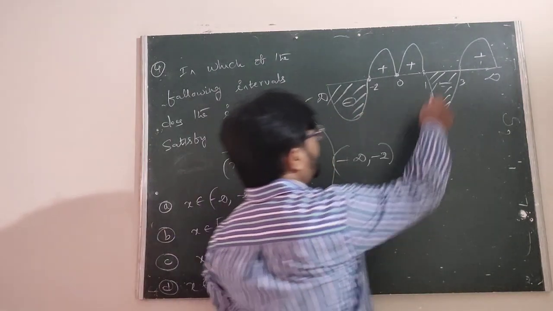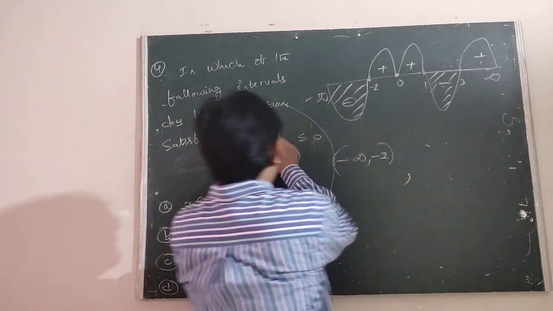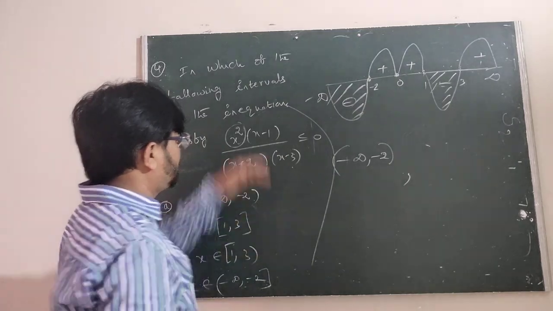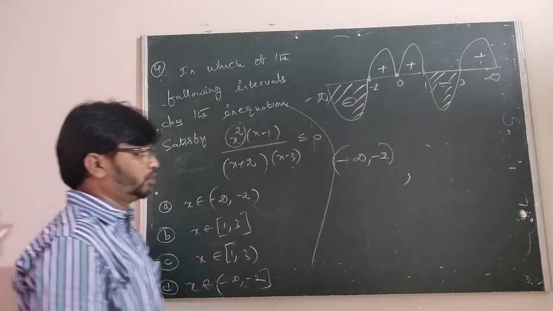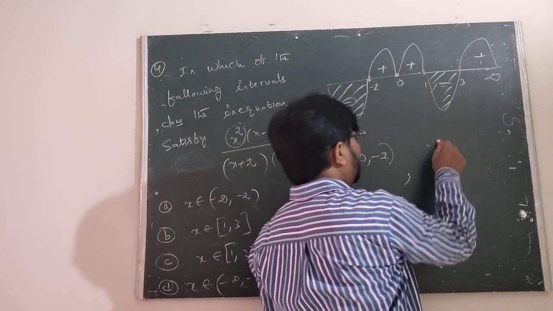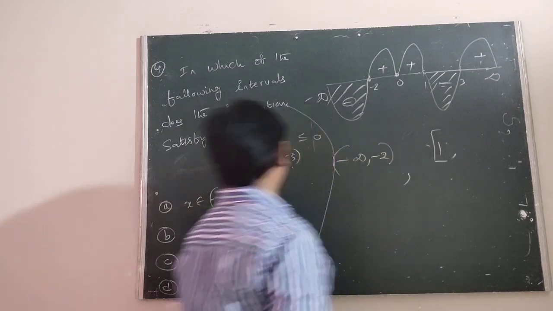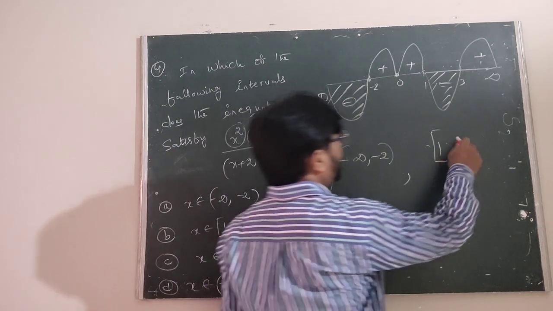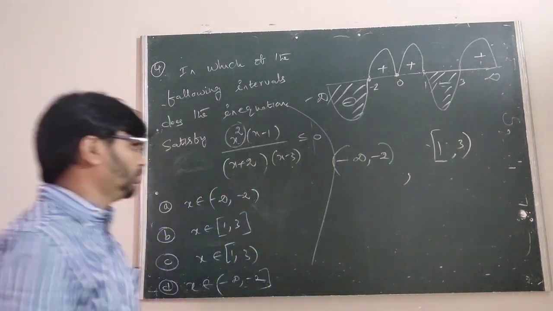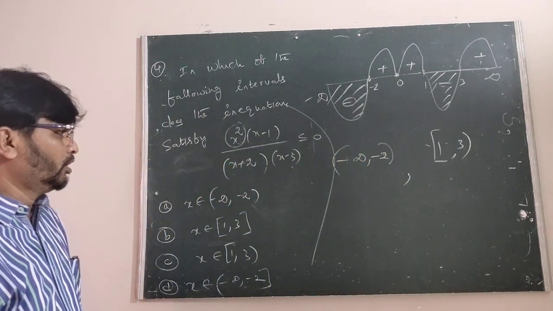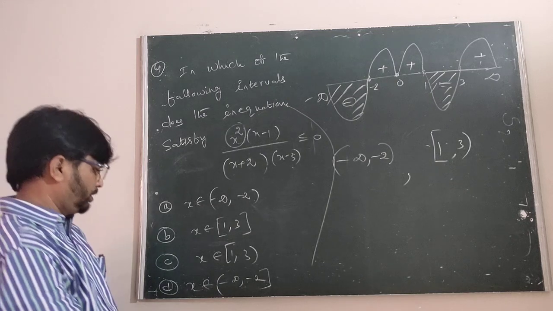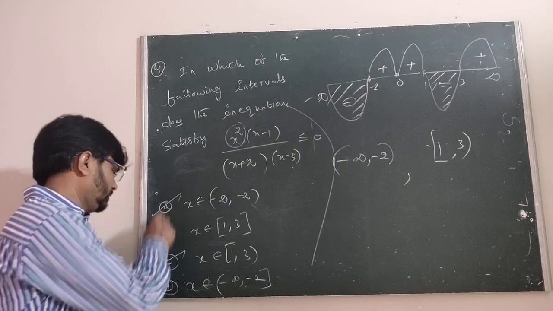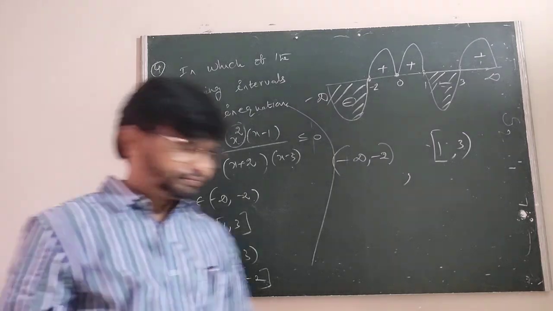And another part is between 1 and 3. At 1, 1 minus 1 is 0, and 0 by anything is 0, so 1 is included. At 3, 3 minus 3 is 0, the denominator is 0 and undefined, so open at 3. Therefore the interval is closed 1, open 3. Therefore options C and A are the correct options.